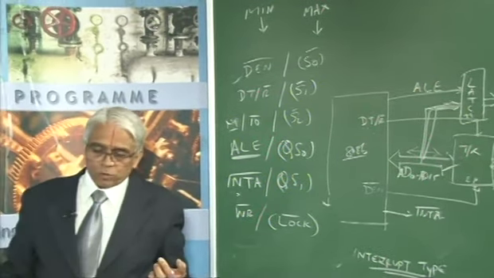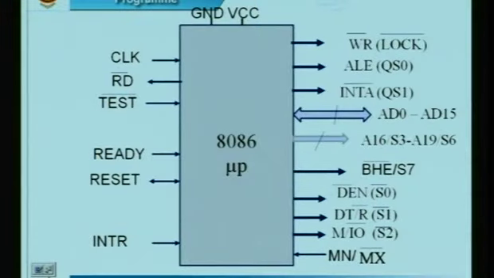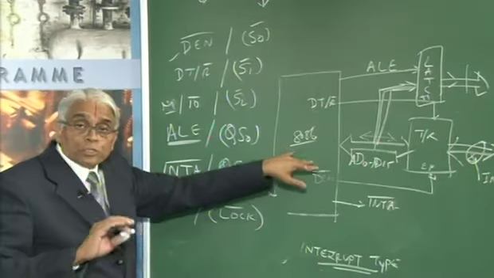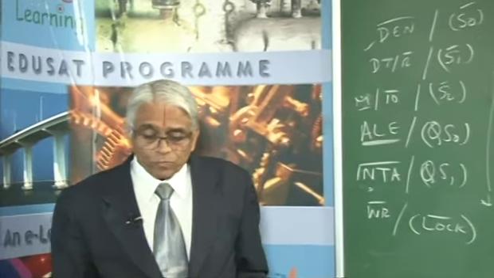When we talk about the 8086, it is the main processor. When I say write, it is the processor which is going to write onto the external device.